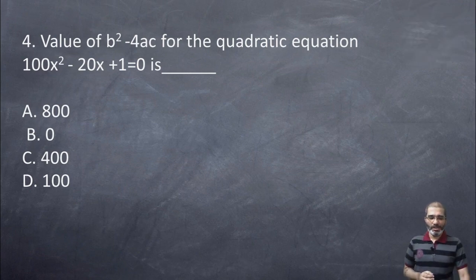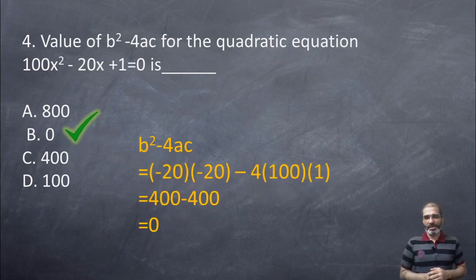Time up, students. The correct answer is 0. Let's see the calculations. B square minus 4ac. So we are just substituting all the values, that is the values of a, b and c. And you can have a look at the calculation. The answer is 0. 400 minus 400, 0.